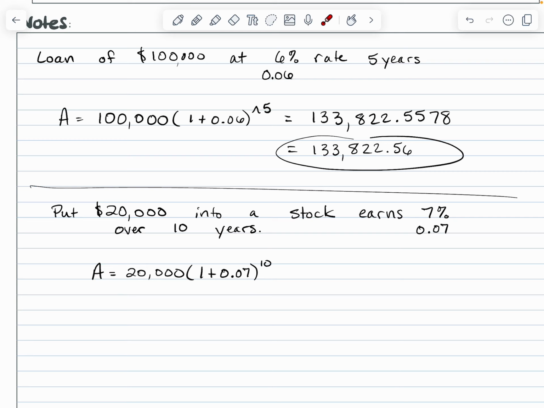I've got 20,000 times 1 plus 0.07 raised to the 10th power. And we get $39,343.027. So that's going to round to 3 cents.